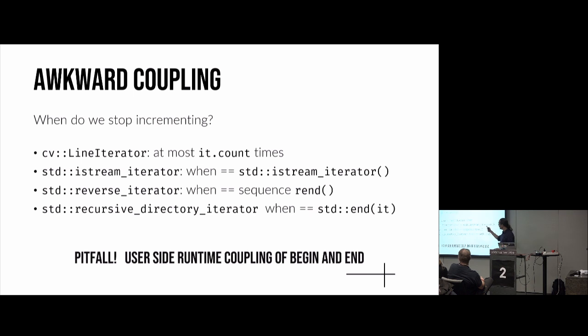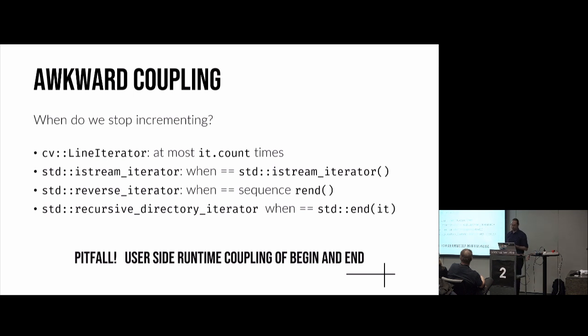So for CV line iterator, we saw that it has this member called count, and we have to check some external counter against this number, and we shouldn't count beyond this value. For istream iterator, there is a default constructed something called the end-of-stream iterator, which, whenever an istream iterator reaches the end, suddenly becomes equal to this global universal istream iterator from the standard library.